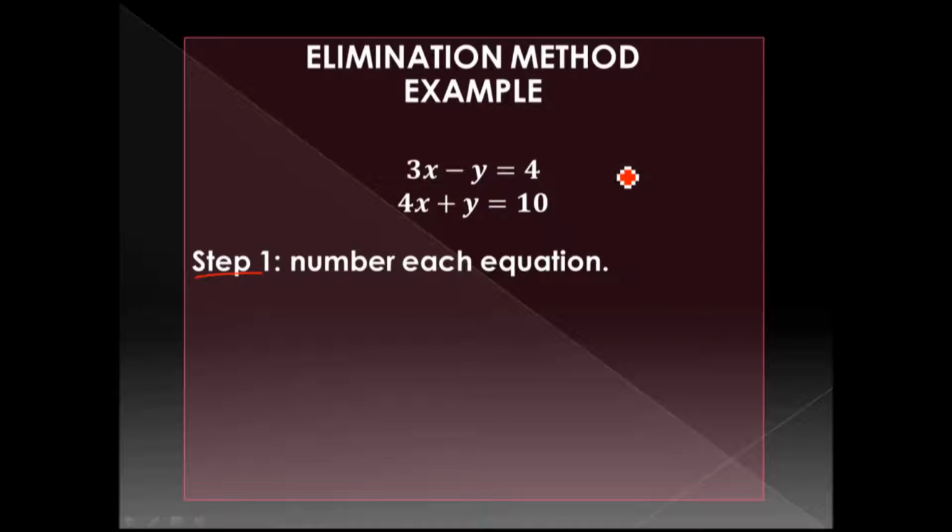If your equation started off in this form, say you had x is equal to y minus 9, and another equation, say another equation of the form y is equal to 3x minus 19.